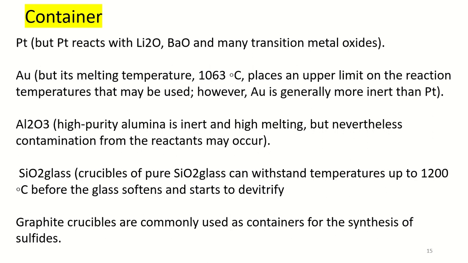Silicon oxide, SiO2 glass. The crucibles of silicon dioxide glass can withstand temperatures up to 1200 degrees Celsius before the glass softens and starts to devitrify, which is higher than gold. The oxides of alkali metals in particular are reactive towards silicon dioxide.